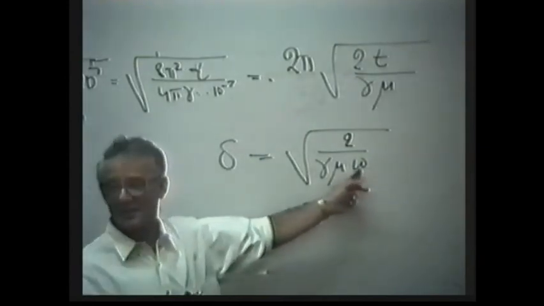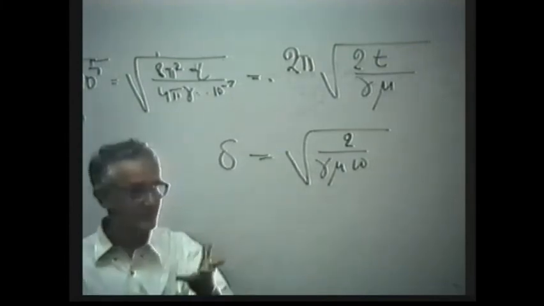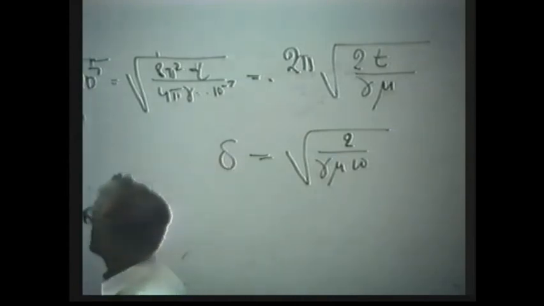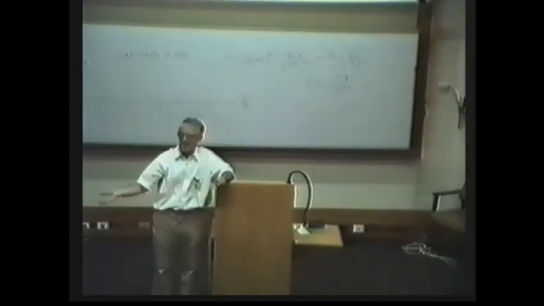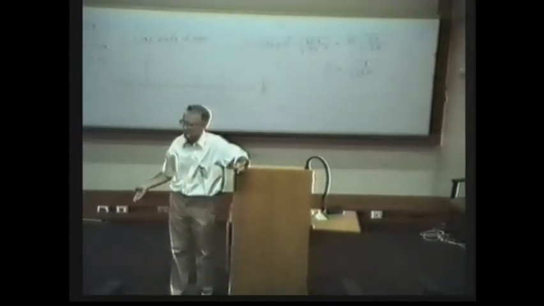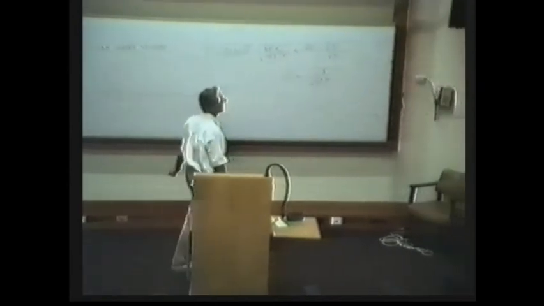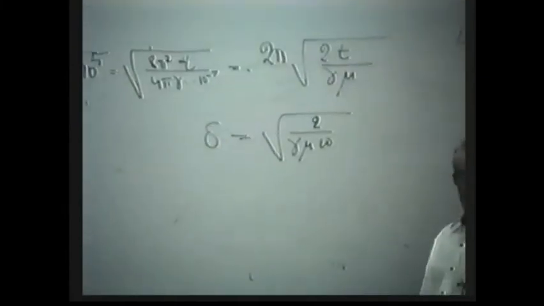Frequency is very high, skin depth small. Correct? So this parameter tau is a skin depth in the time domain, and nothing else. Skin depth in the time domain.